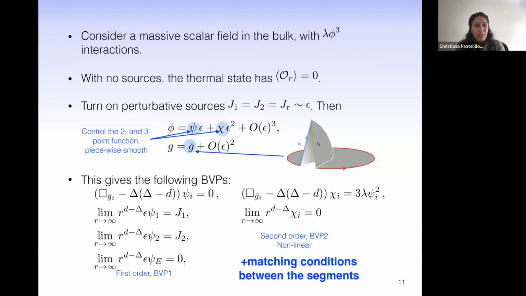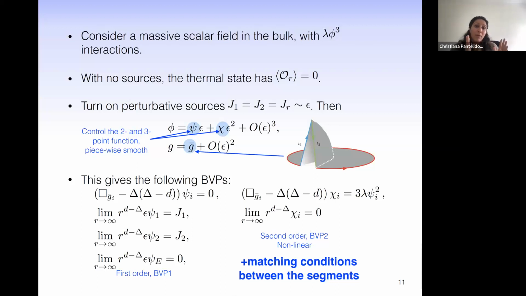As I said plenty of times already, we want to compute the retarded 3-point function of a scalar operator. So on the gravity side of the duality, and in particular on this piecewise geometry that I just showed, we are going to consider a massive scalar field. And we are going to take the interactions of this scalar field to be lambda phi cubed.